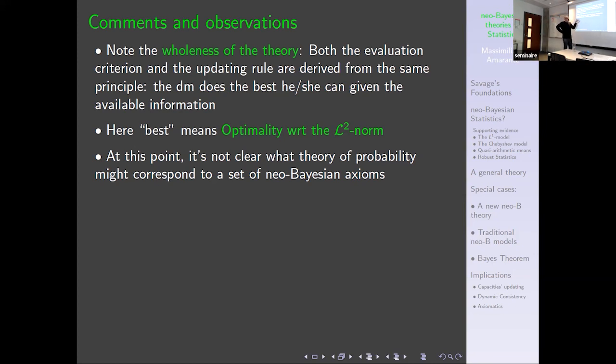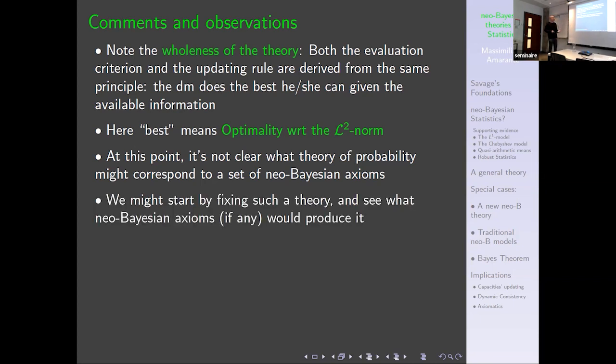One thing that at least I thought was a good strategy to begin with was to say, okay, why don't we change this thing just a bit? And then we ask ourselves, is there a system of non-Bayesian axioms that takes to this theory, the changed theory that we have created?